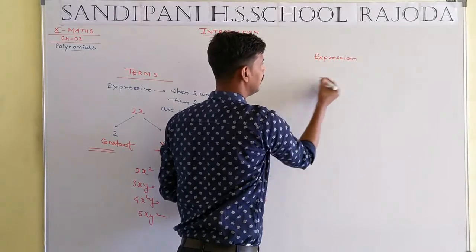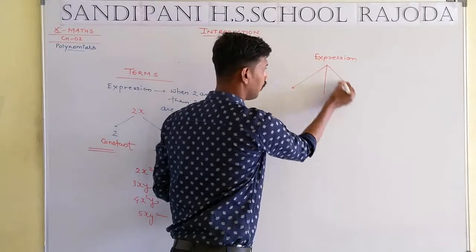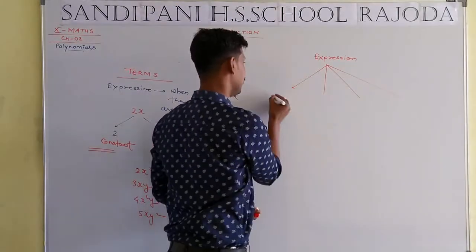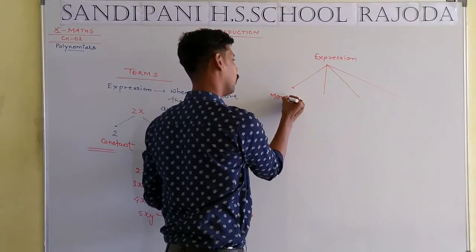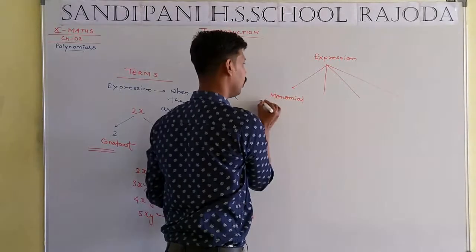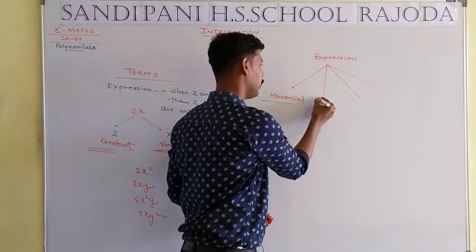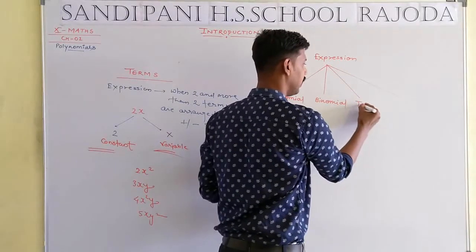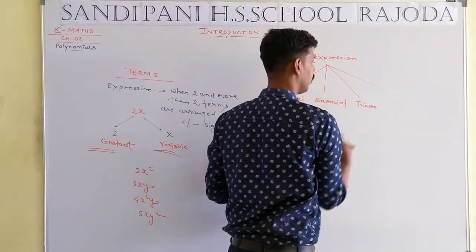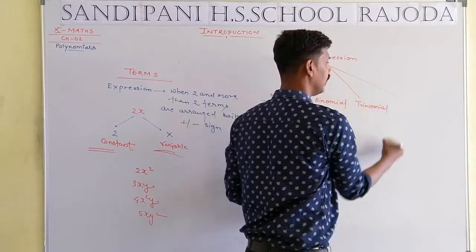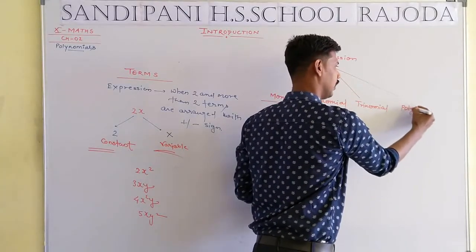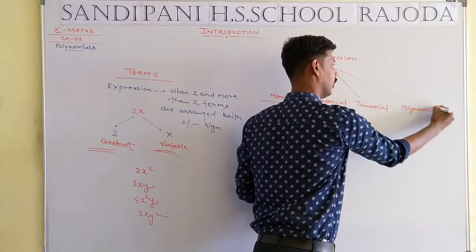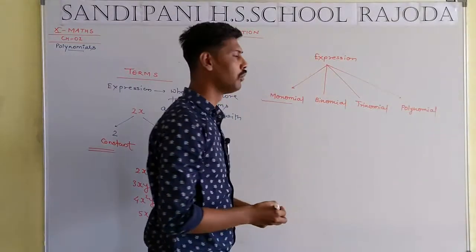Expressions are basically classified as first monomial, second binomial, next trinomial and last polynomial. What is the meaning of monomial?